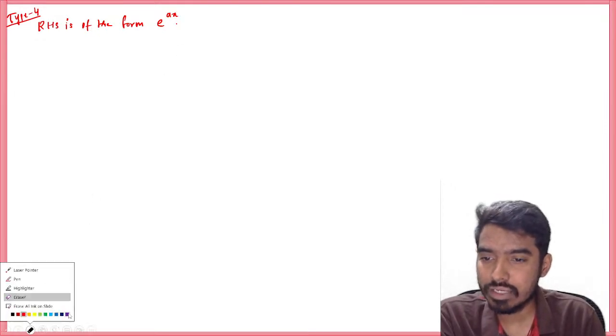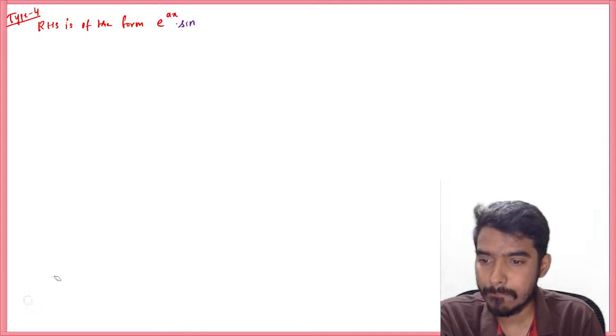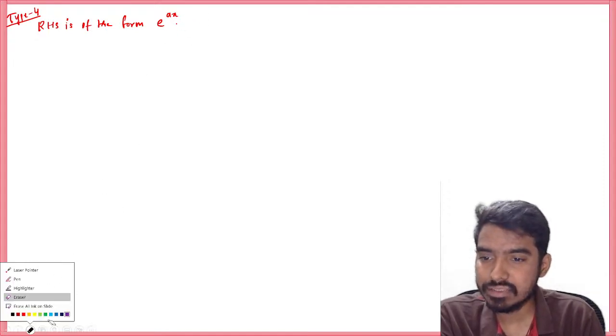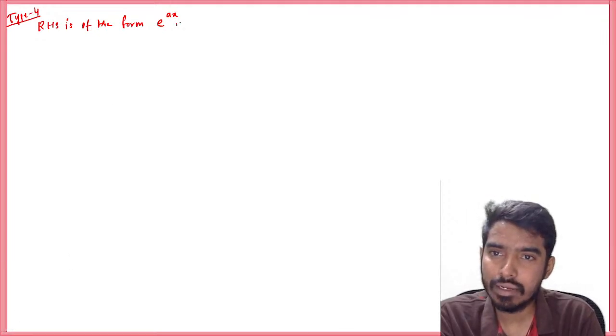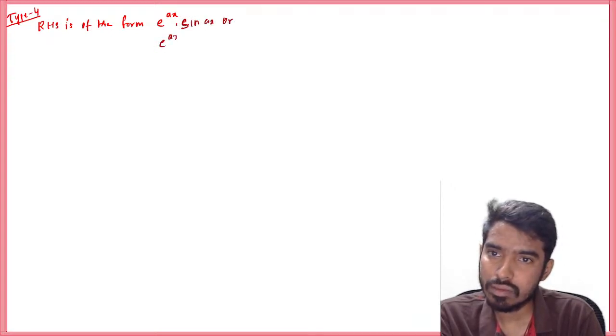Okay, let's write it down. RHS is of the form e to the power ax into sin bx, or e to the power ax into cos bx, or e to the power ax into polynomial in x.